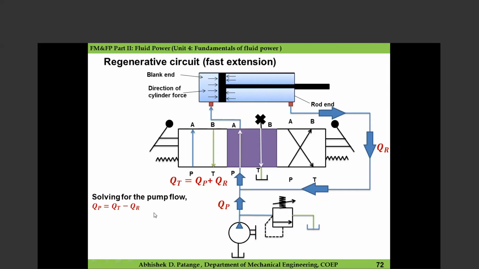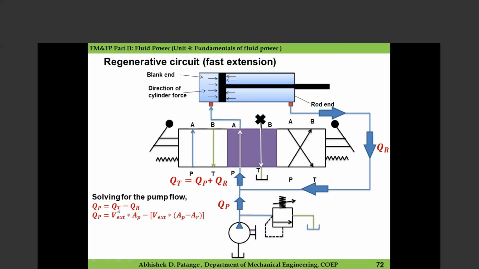So now, solving for the pump flow, we can rewrite the equation as QP equals QT minus QR. That means the discharge of the pump will be equal to the total discharge minus the regenerative discharge.